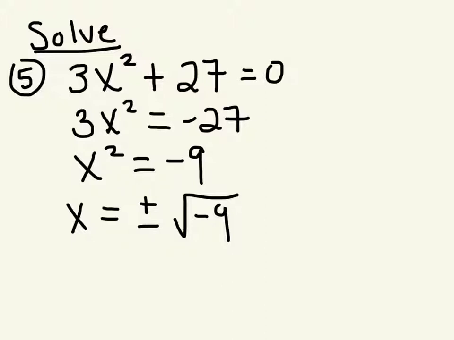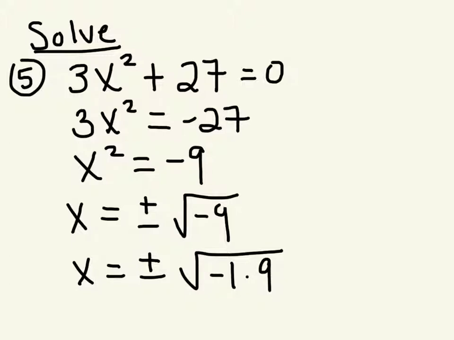The square root of negative 9 is going to be equal to, taking into account that negative 9 is the same thing as negative 1 times 9, we want to recognize that the square root of negative 1 is equal to i, and the square root of 9 is equal to 3.